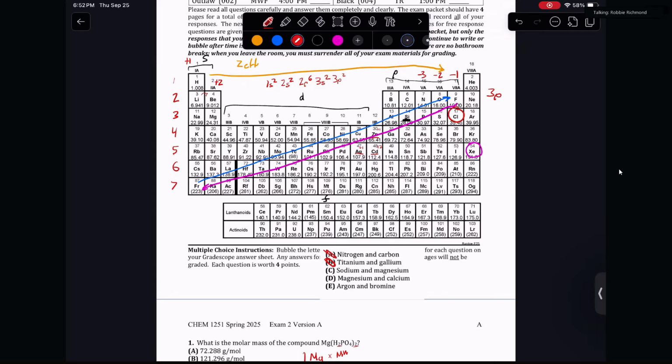Sodium and magnesium, that is an alkali and alkali earth metal. That's not what we're looking for. Magnesium and calcium, I'm going to circle these two because they are within the same column in group 2. So that means they have very similar physical and chemical properties.